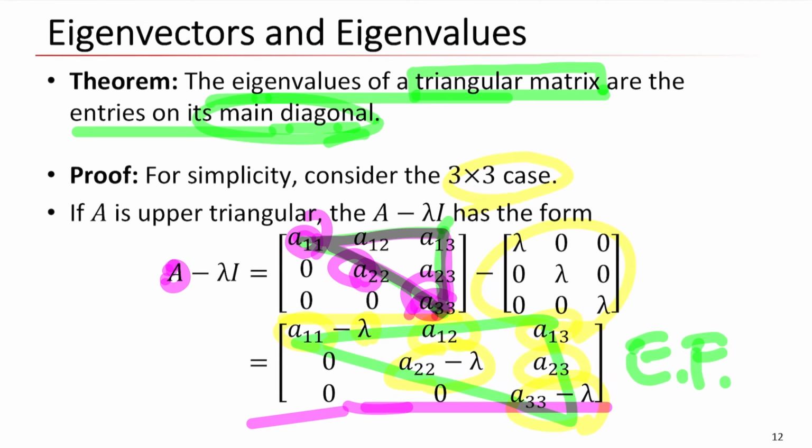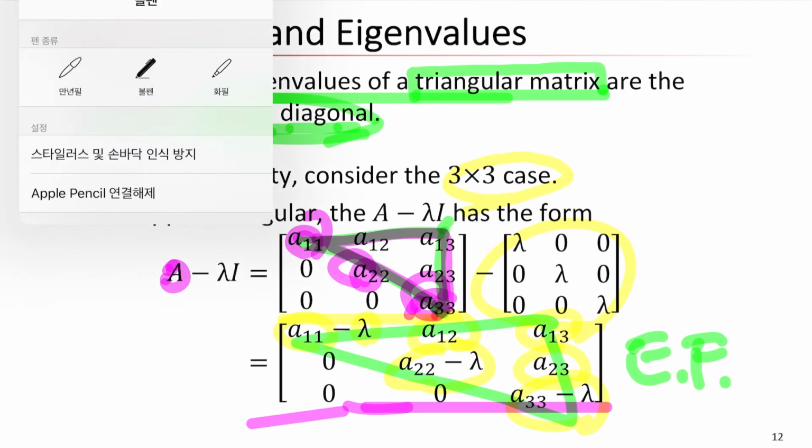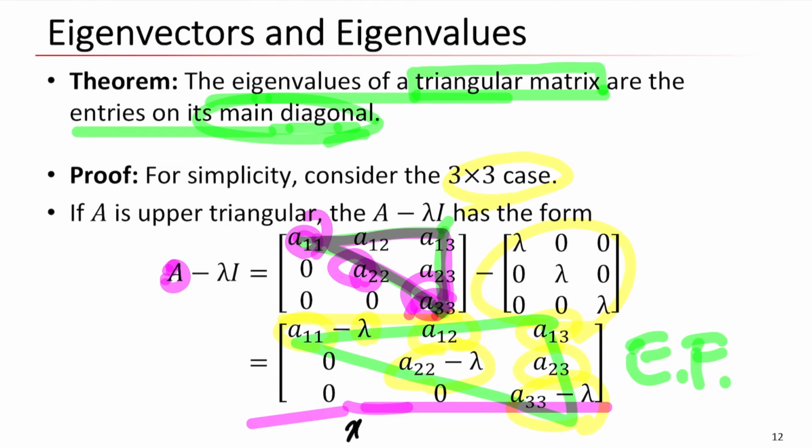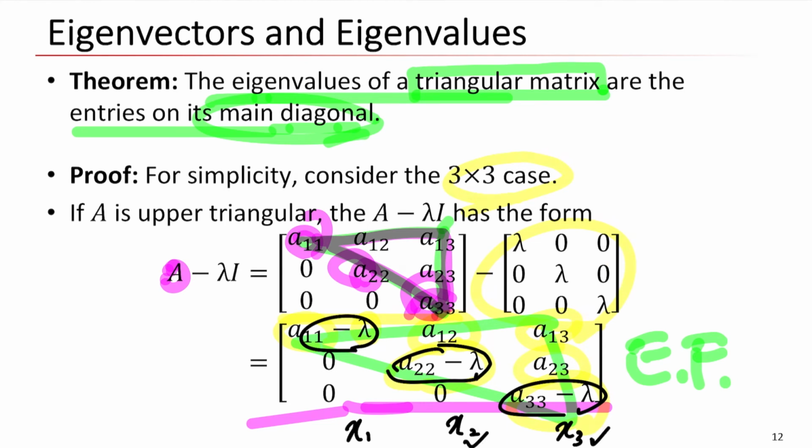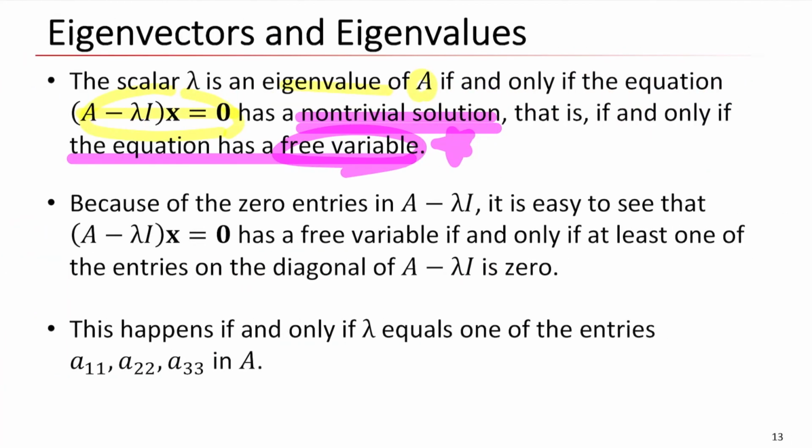Then for x1, x2, x3, each entry will be a pivot position if these values are non-zero. Otherwise, if these values are 0, then the corresponding variable will be a free variable, right?